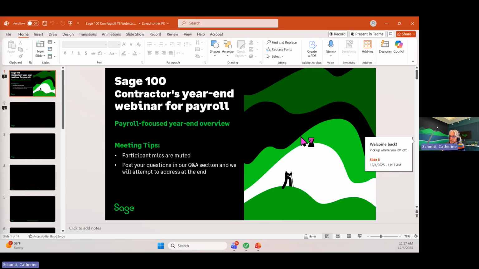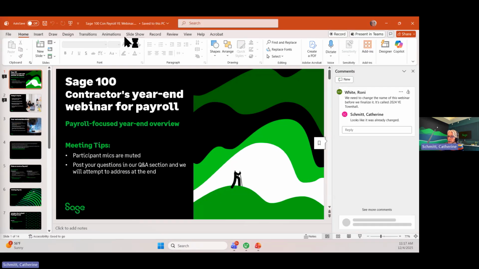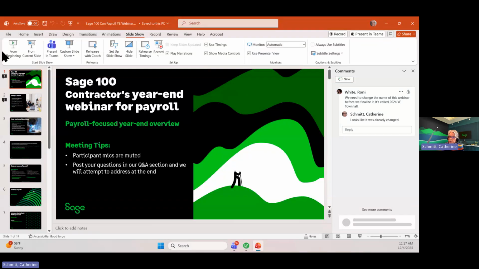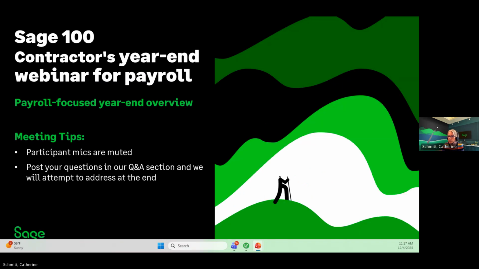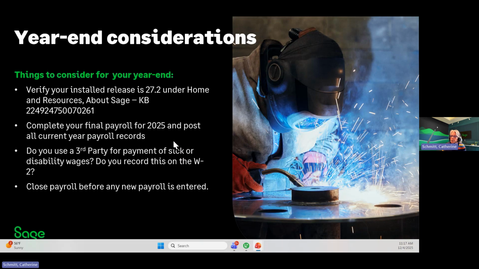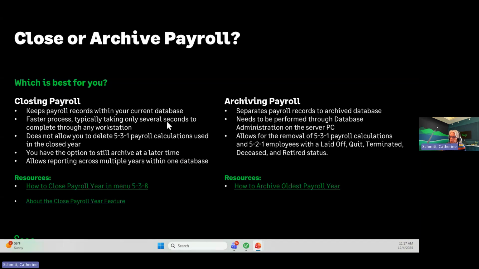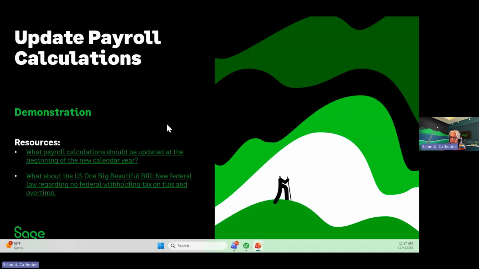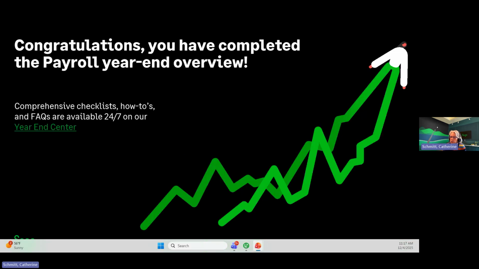One of the things I did want to mention that went along with updating the payroll calculations is that we have the big beautiful bill. At this point, we are going to add any changes related to overtime in the software.